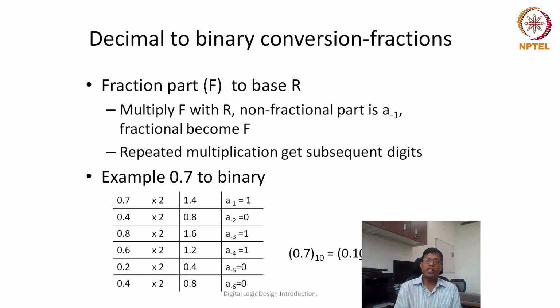Then the value would be very close to 0.7. So this is how we can convert a decimal number to a binary number, be it a fractional or non-fractional number. Now one more thing we'll try to understand in this lecture: like binary has a base of 2, is there any other base which is important for us in this particular course?